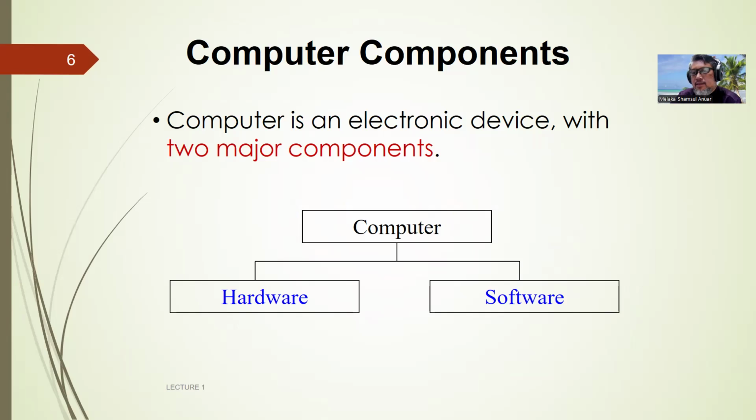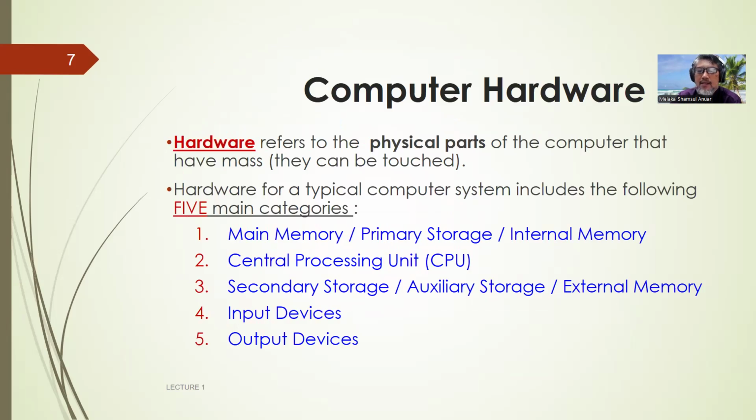A computer is an electronic device with two major components. We have hardware and software. I guess that goes without saying. And hardware refers to the physical parts, the things that we can touch and that have mass. A typical computer includes the following.